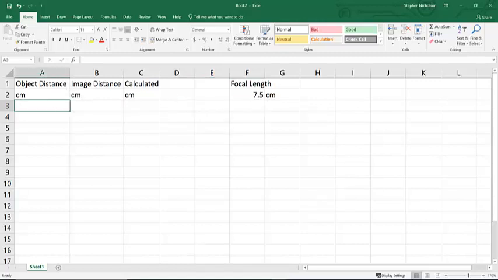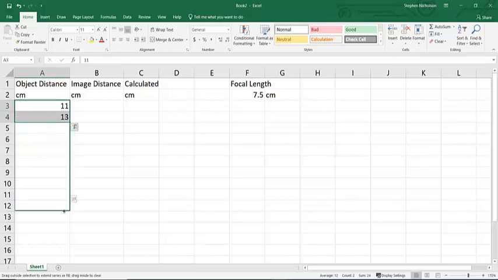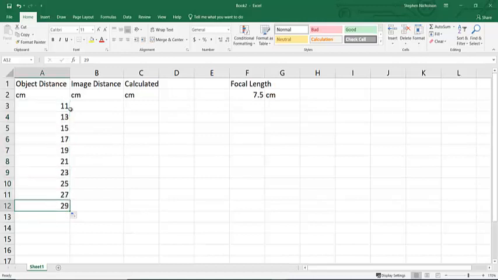So here is where you'll enter your data. These numbers should increment by 2 centimeters. I could have actually done that the short way. Let me do it the other way. Instead of entering them, let's just put the first two numbers in and then go down to the extent of the object.